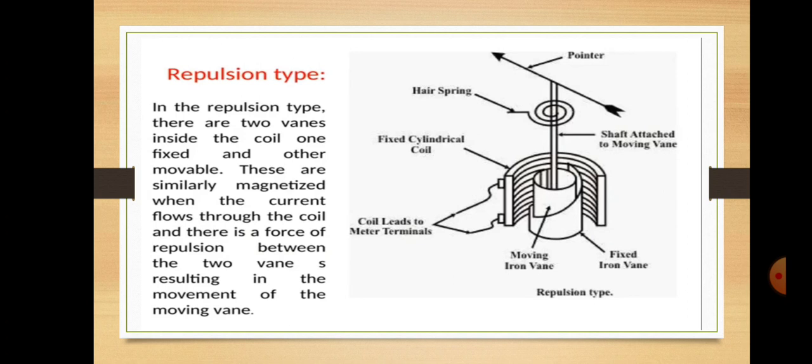Okay, so it is a very simple concept. When we apply current in the coil, these two vanes are magnetized and a force of repulsion occurs between the moving iron vane and the fixed vane, and this repulsion results in the movement of the moving vane.